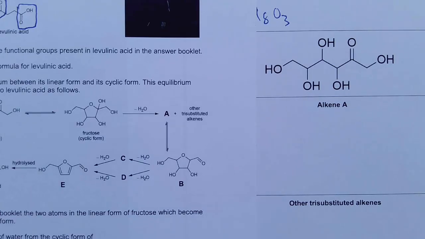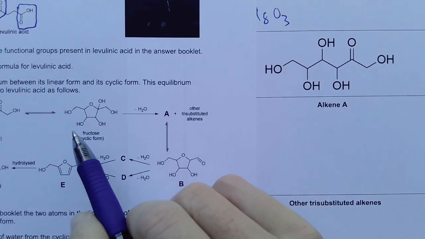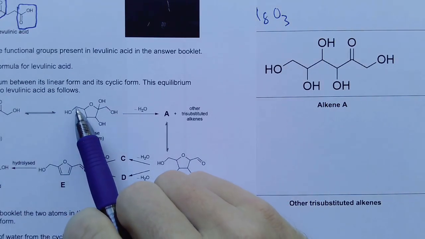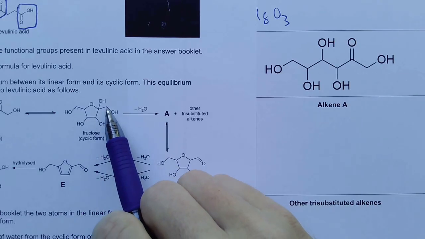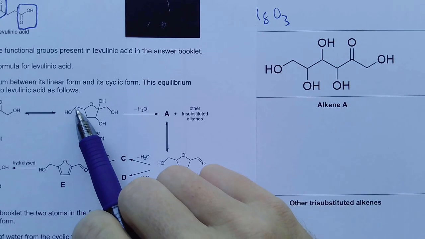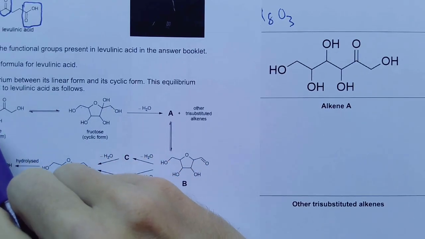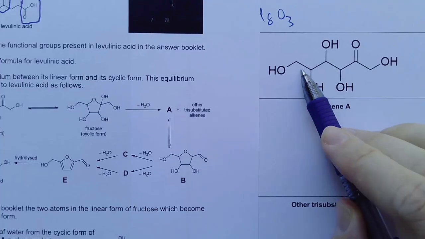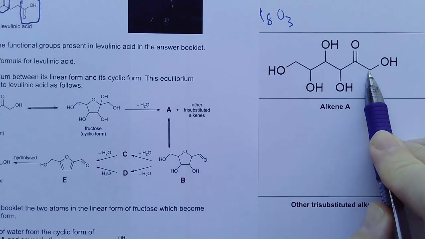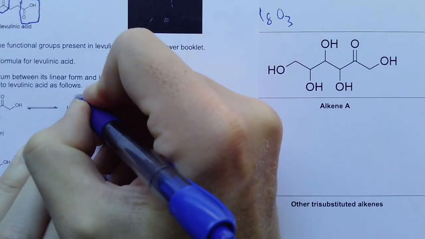I think the only way you'd be able to do it is you'd have to realise that this carbon here has not got any oxygen bonded to it, and this carbon here has not got any oxygen bonded to it. So these 2 carbons would have to correspond to this carbon and this carbon. Let me just put that on.